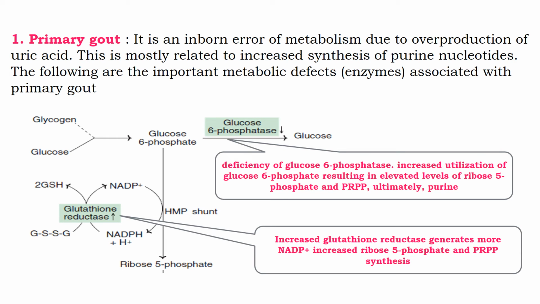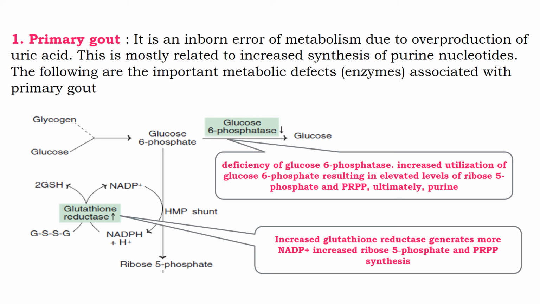Now what happens if there is a deficiency of glucose 6-phosphatase is an increased utilization of glucose 6-phosphate, which is a reason for the elevated levels of PRPP, that is phosphoribosyl pyrophosphate. If we are lacking this enzyme, then it leads to elevated levels of ribose 5-phosphate. If there is an increased level of ribose 5-phosphate, then it also leads to gout. So these are all the metabolic disorders.